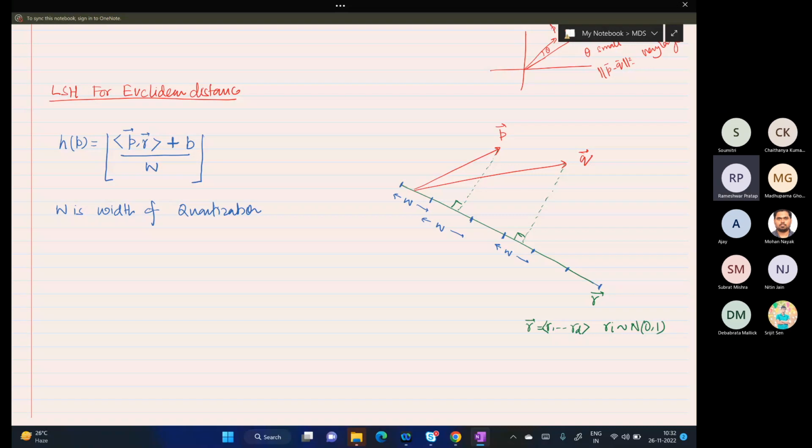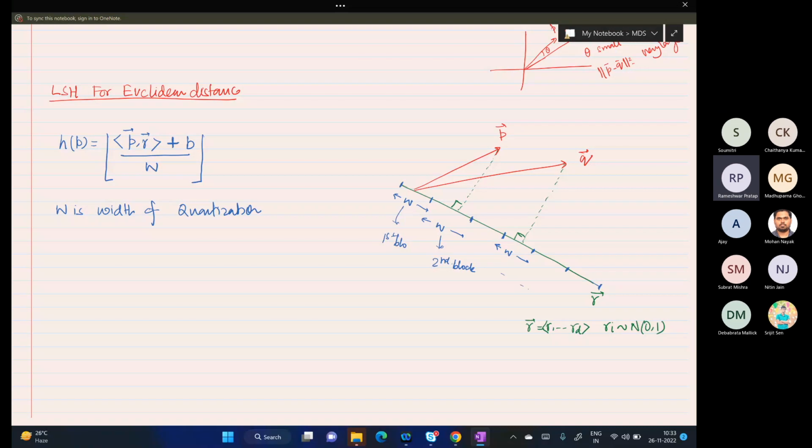So basically the idea is we take a random line, a random hyperplane R, project our points P and Q on that hyperplane and see whether they fall in the same block or not. You can think of this as the first block, this is the second block, and so on.